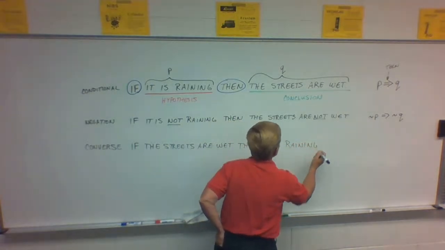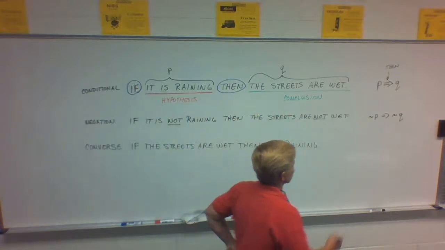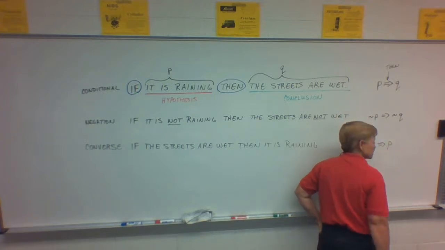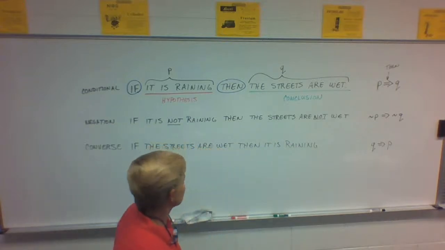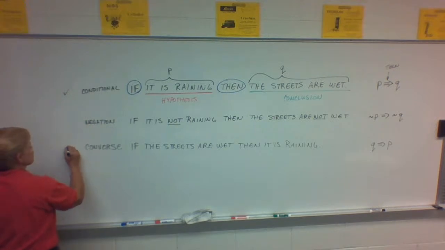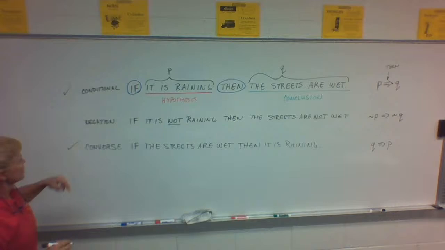So, if this was my original conditional up here and I switch places, then what this says over here is that Q implies P. We reverse where they are, and that's called a converse. This one here and its converse are the most important ones we're going to learn about today. You need to learn about these others too, but these two are the very, very most important. Be able to write a conditional and its converse.